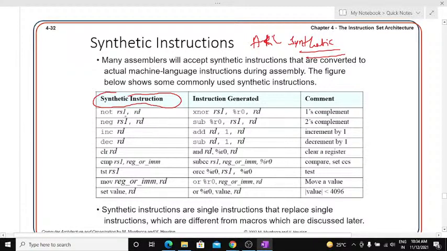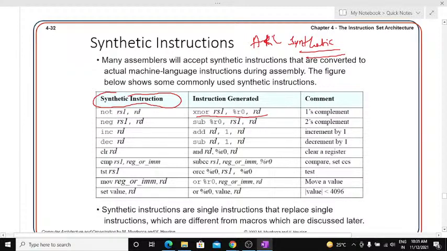So, not RS1 comma RD. The instruction generated is in this form: xnor RS1 percentage R naught comma RD. Not means it's a complement, a one's complement operation.